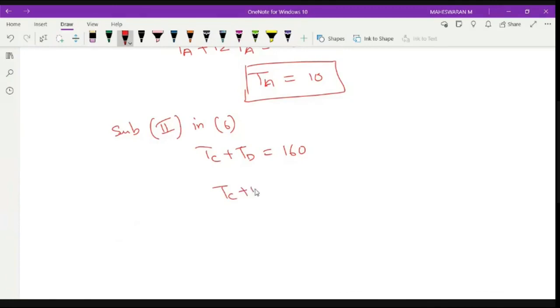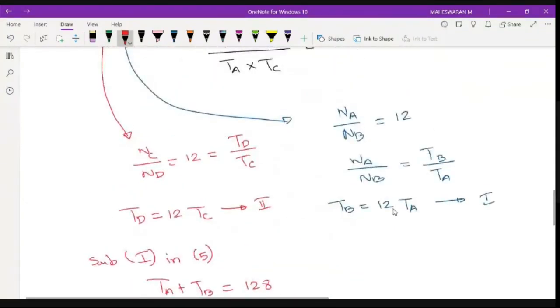So what is your TC? Okay, tell me what is the TC? 12.3, approximately 13 teeth, right?